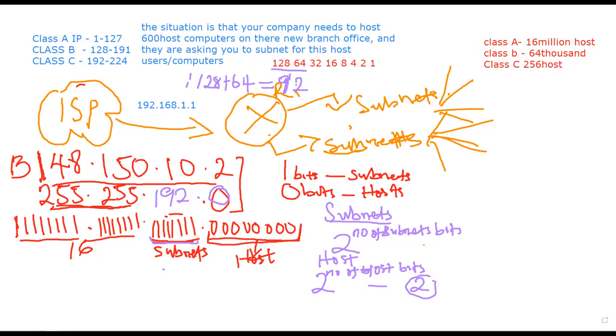So in this situation, our binary for this new subnet mask becomes 1 1 0 0 0 0 0 0, dot the rest.